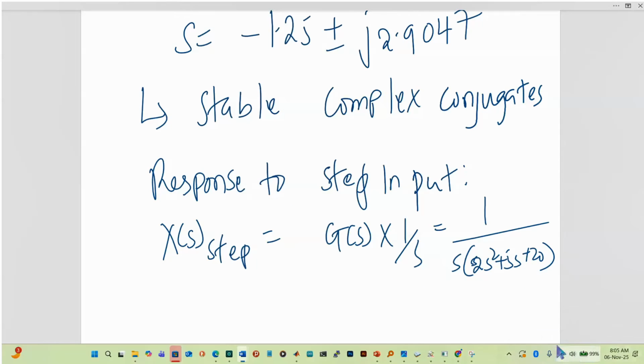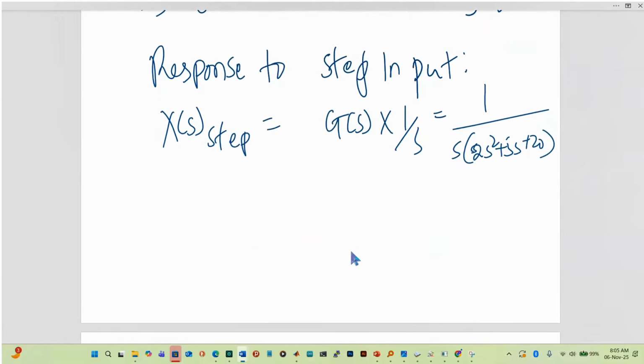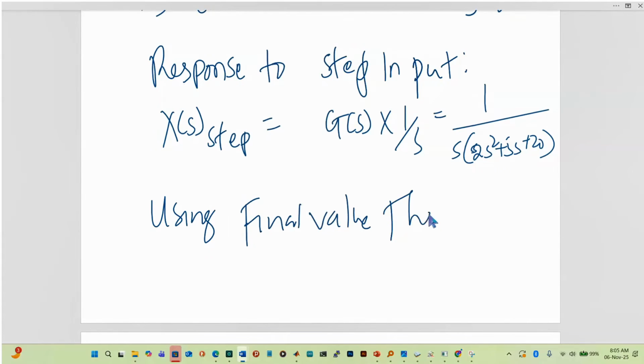So what does that mean? This is what is going to happen. We are going to use what we call the final value theorem.